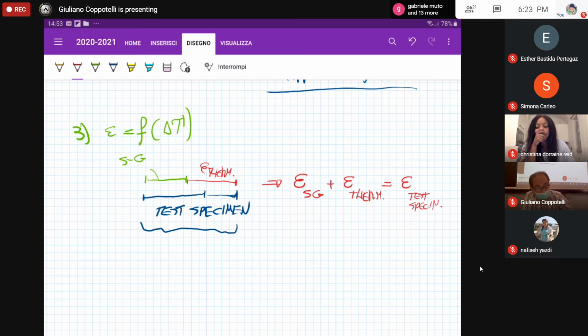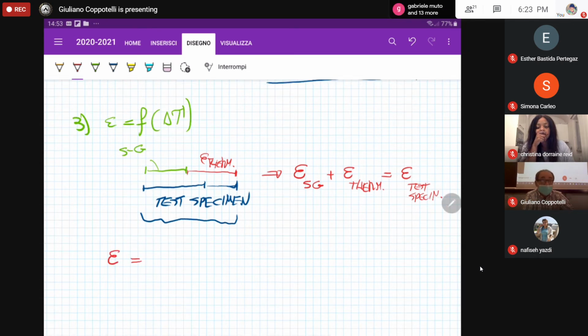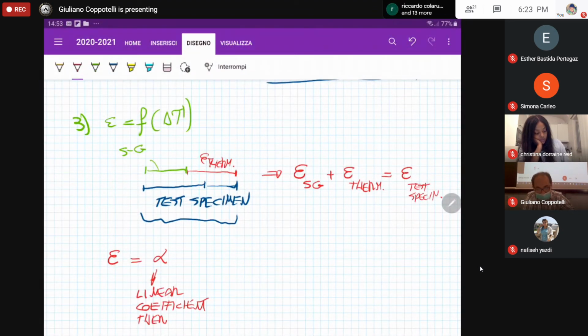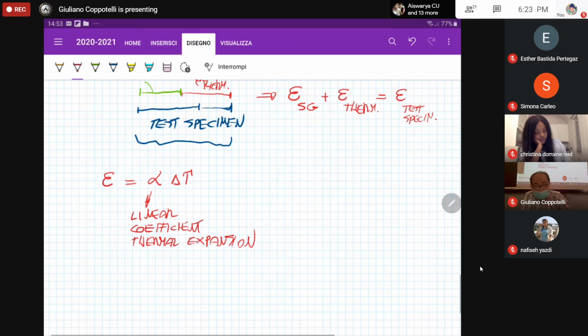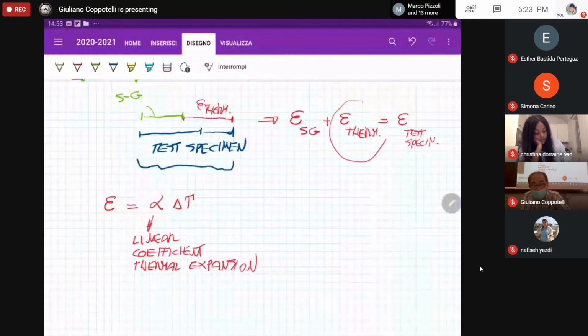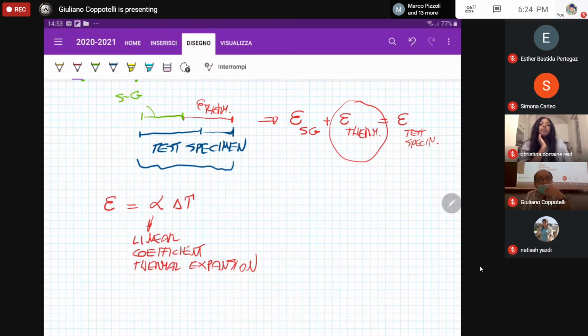Generally speaking, the strain induced by the temperature field is given by the linear coefficient of thermal expansion, linear because we are just measuring the 1D dimension, times the change of the operating temperature. That is generally speaking.